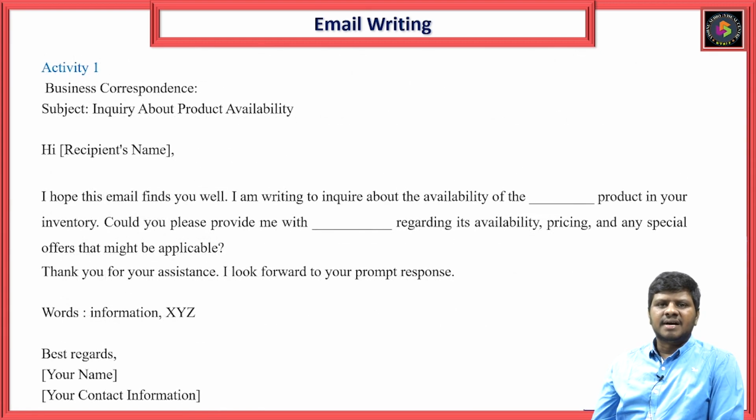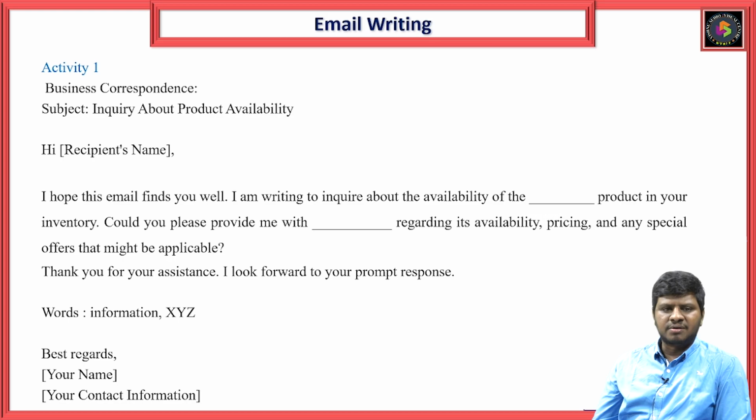And here I want to discuss activity one, how we conduct it, how we make email available to our students, and we ask the students to follow these steps for succeeding in writing email. Here, business correspondence, subject: inquiry about product availability.